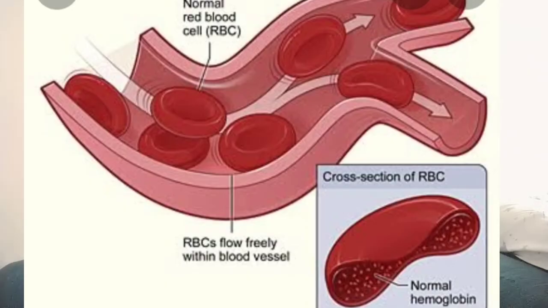But a sickle cell, in the form of a crescent moon, is rigid. It's not able to change shape to pass through the small vessels. So they can clog and stick together, and once they stick together, they block the blood flow through these small vessels.